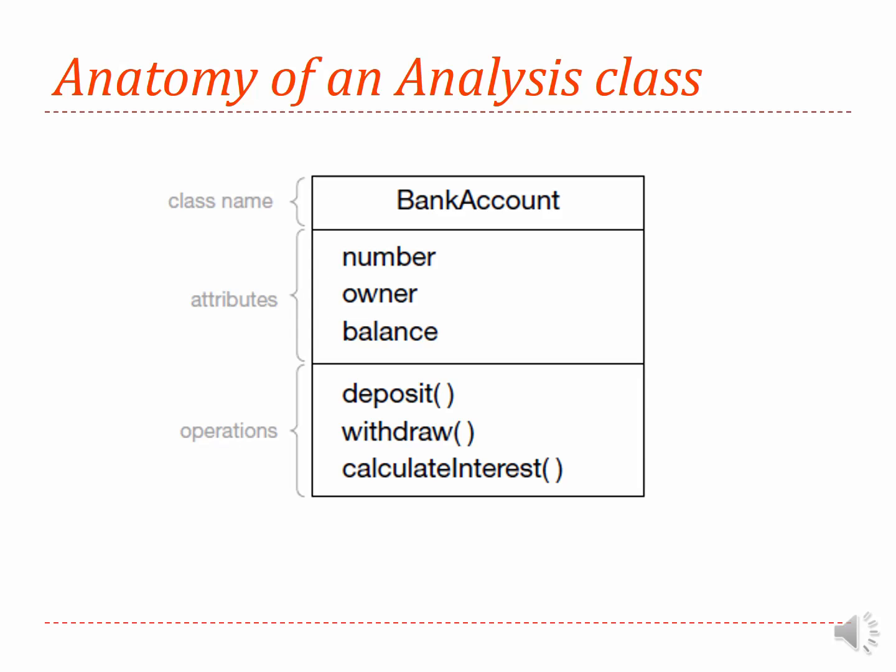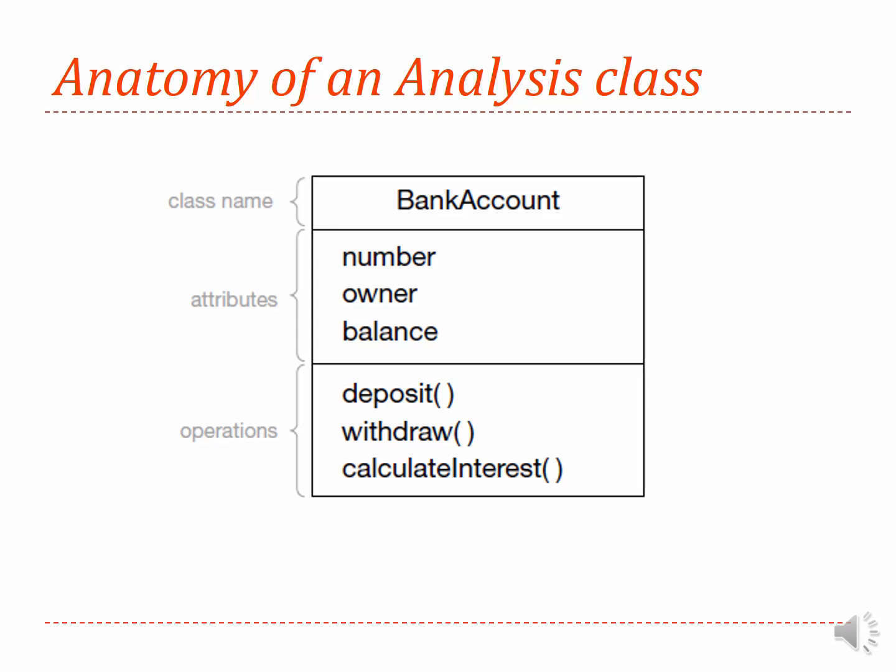The next one is the anatomy diagram. This diagram illustrates the structure of an analysis class. At the top of the diagram is the class name, followed by a list of important attributes, and finally the responsibilities or operations are listed.